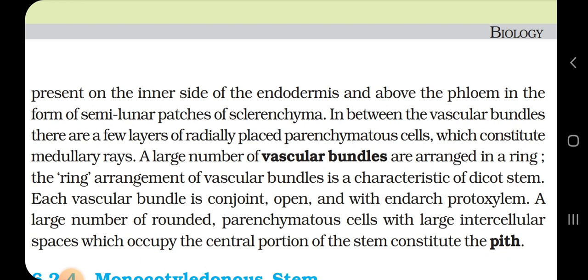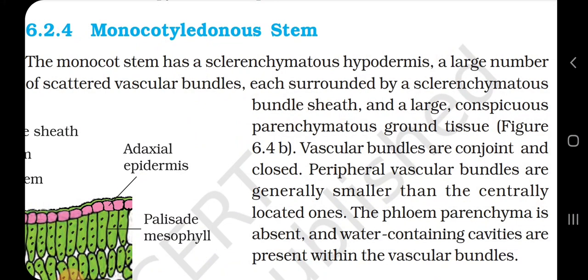Each vascular bundle is conjoint, open and with endarch protoxylem. A large number of rounded parenchymatous cells with large intercellular spaces, which occupy the central portion of the stem, constitute the pith. 6.2.4 Monocotyledonous stem. The monocot stem has a parenchymatous hypodermis.